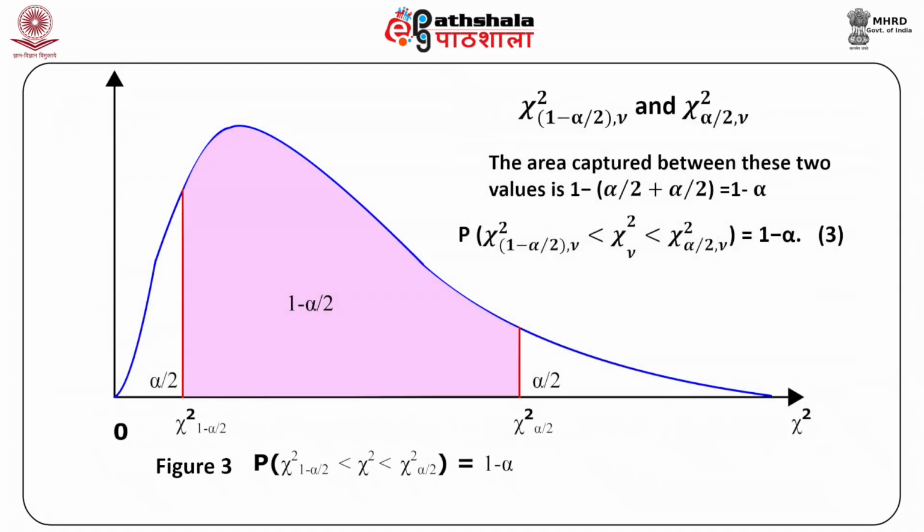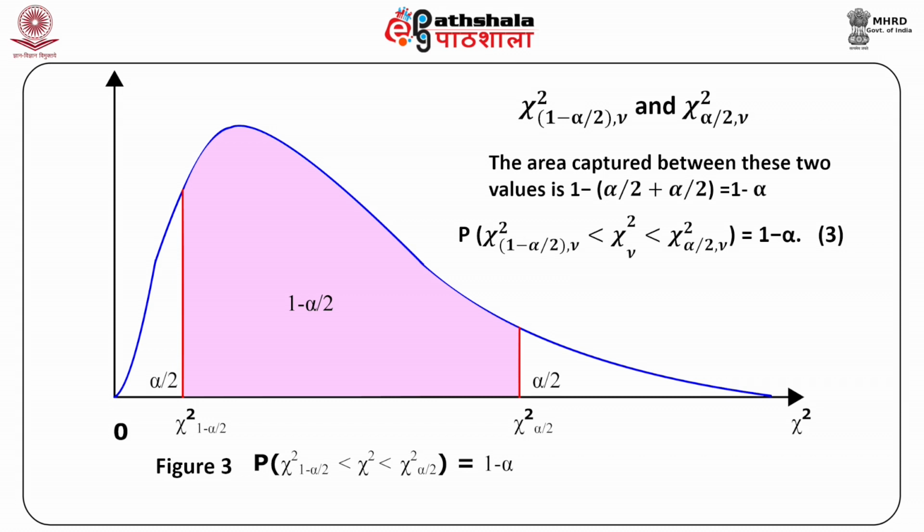In general, we can say if alpha by 2 area falls on both sides of the distribution under a chi-square nu distribution curve, then the two critical values to the left and right side are given by chi-square 1 minus alpha by 2, nu and chi-square alpha by 2, nu respectively.